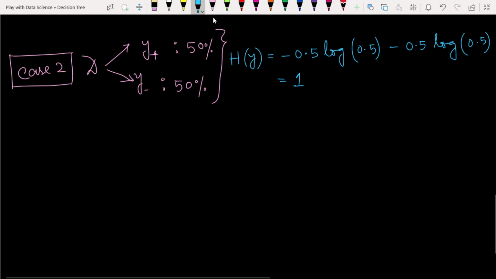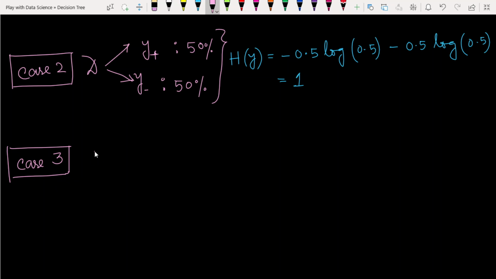Now let's consider the third case. Case 3. Here from our data set, the occurrence of the positive value is 0%, and the occurrence of the negative value is 100%.